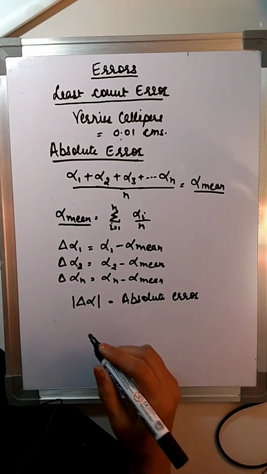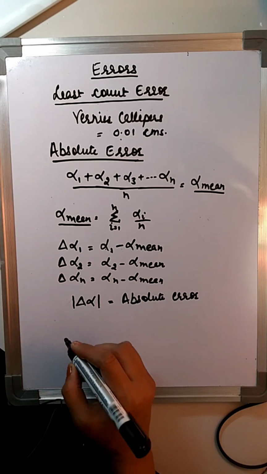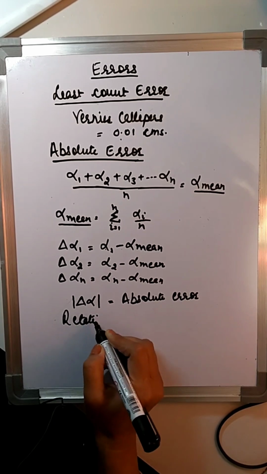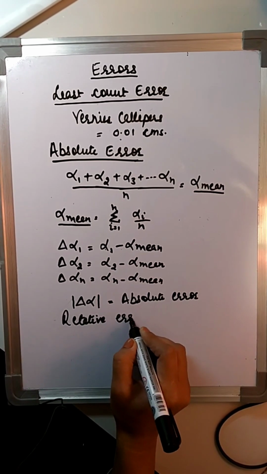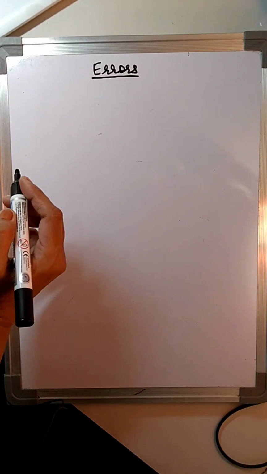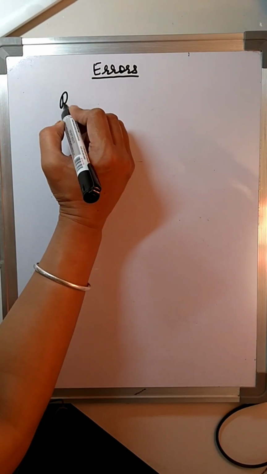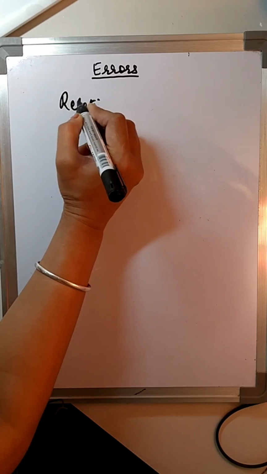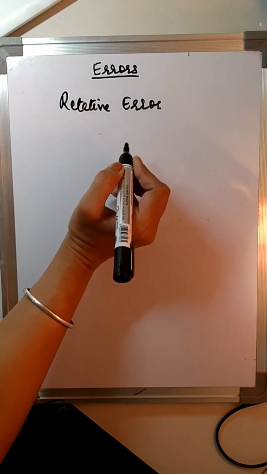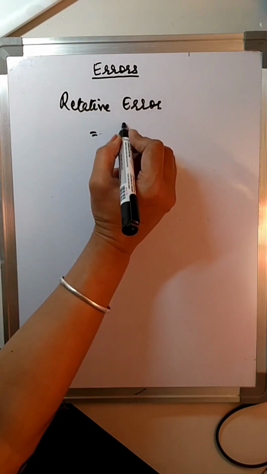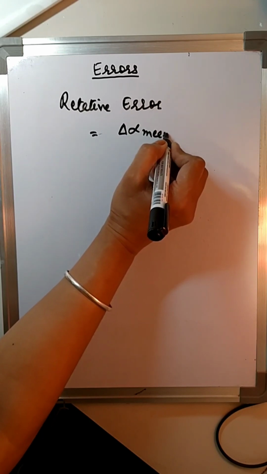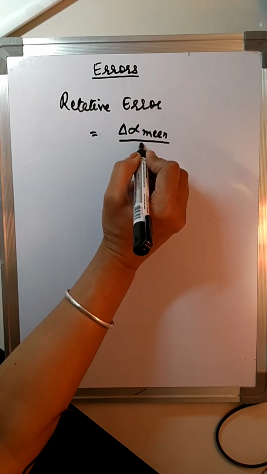Next is relative error. Relative error is the ratio of delta alpha mean divided by alpha mean.